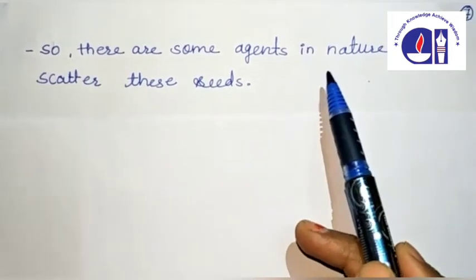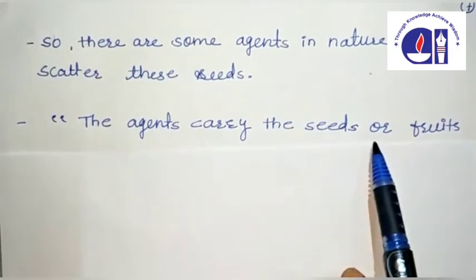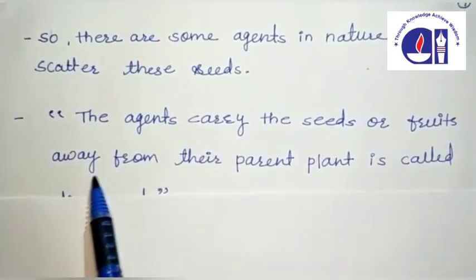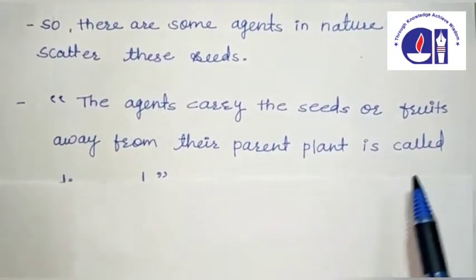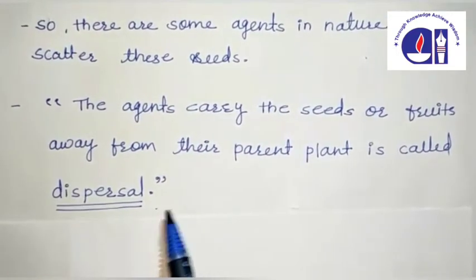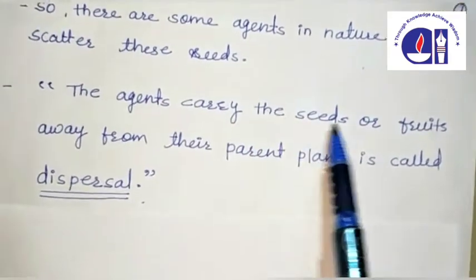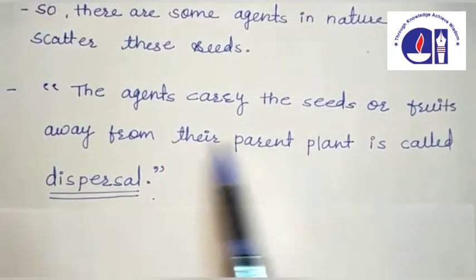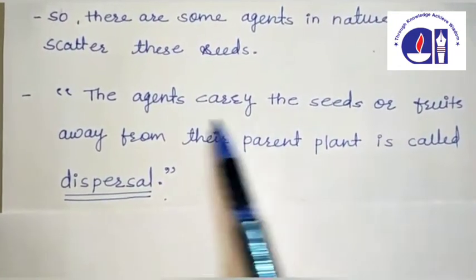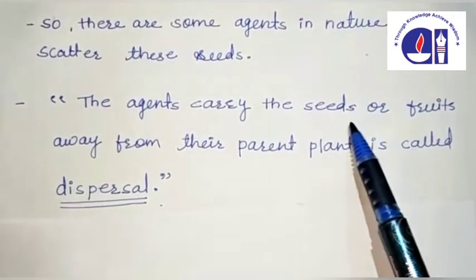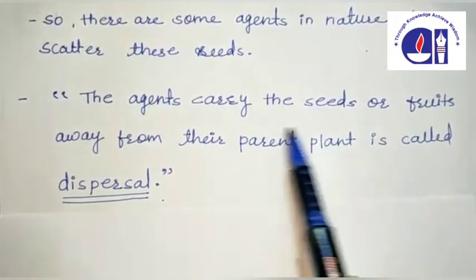The agents carrying the seeds or fruits away from their parent plant is called dispersal. What do you mean by dispersal? Whatever seeds or fruits the plant has, they go away from their parent plant.